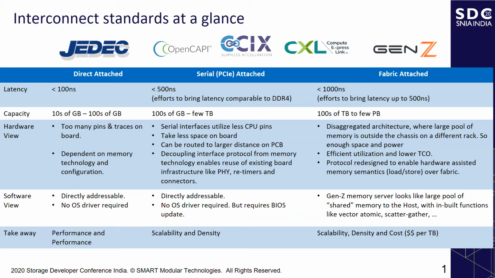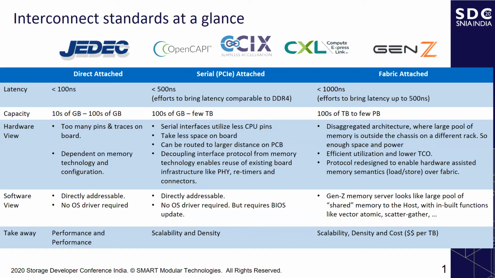That means you can upgrade your CPU from one platform to another, and you can reuse the same memory technology with the new CPU platform. So it allows you to have an independent cadence of upgrading your CPU and your memory technology without causing any disruption to your ongoing program.